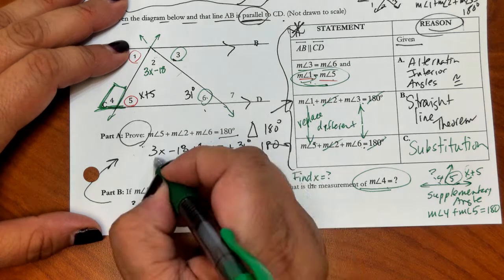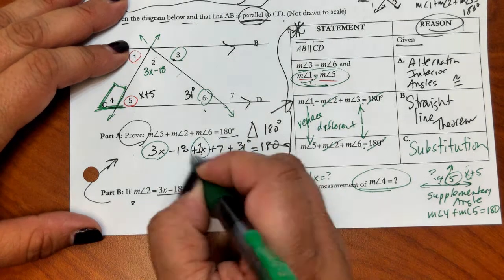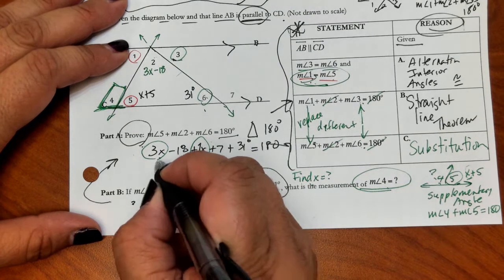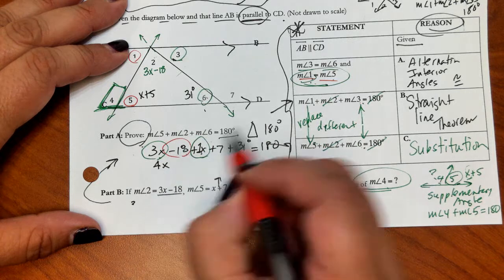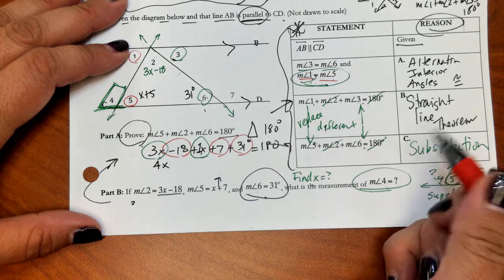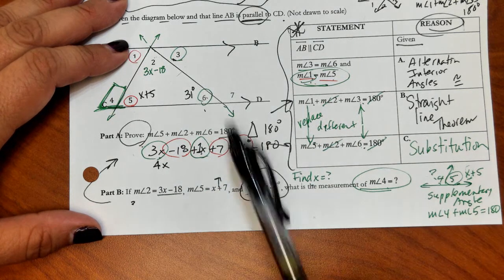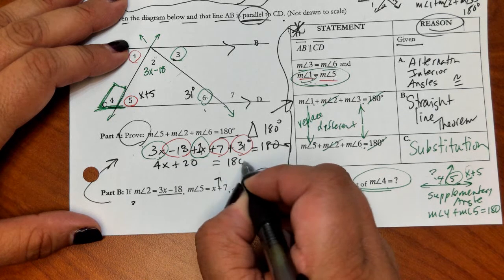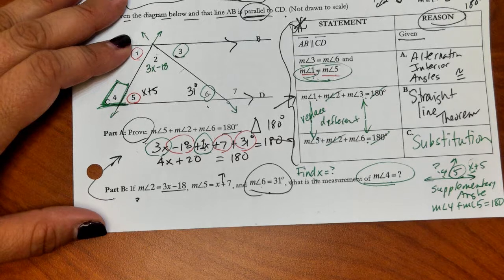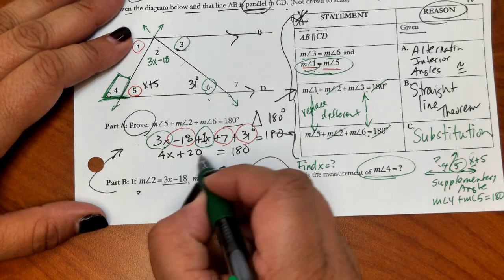Now, the next step is you got to combine like terms, put a little 1 in front of there. So I'm going to circle, I got to combine the 3x and the 1x. How much does that make? 4x. You have to combine the numbers now. Minus 18 plus a 7 plus a 31. When you put that in your calculator, you should come up with 20. And then don't forget your 180. Okay, what's the next step? Okay, got to get rid of this 20.